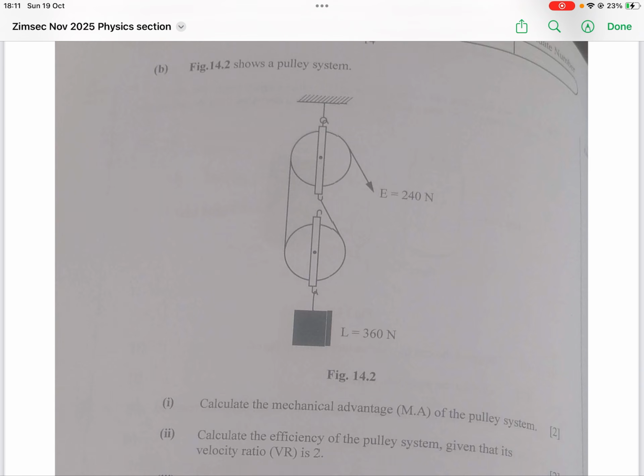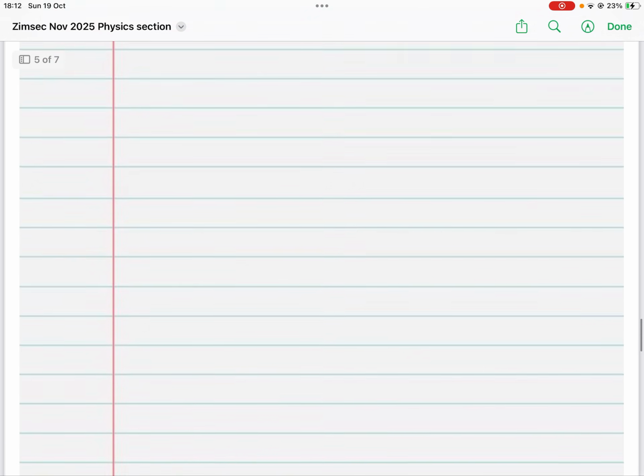Fig 14.2 shows a pulley system. We are required to calculate the mechanical advantage of the pulley system. You need to know that mechanical advantage is load over effort. The load is 360 newtons, the effort is 240 newtons.